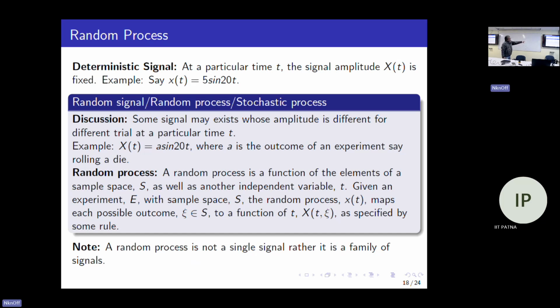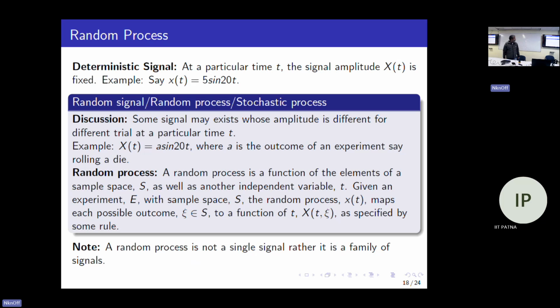It is also a function of another independent variable t, given an experiment E with the sample space, and the random process x(t) maps each possible outcome zeta to x(t, zeta). Is that definition clear now?